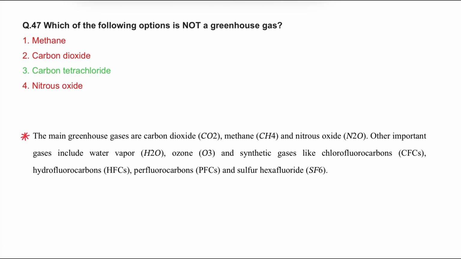Question number 47. Which of the following options is not a greenhouse gas? The main greenhouse gases are carbon dioxide, methane, N2O, nitrous oxide.